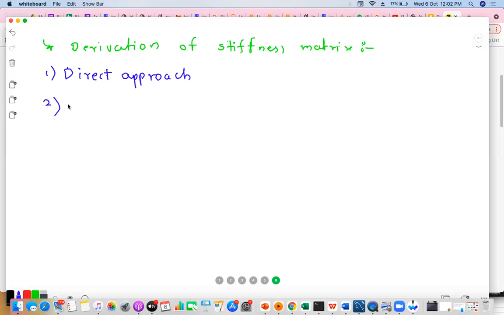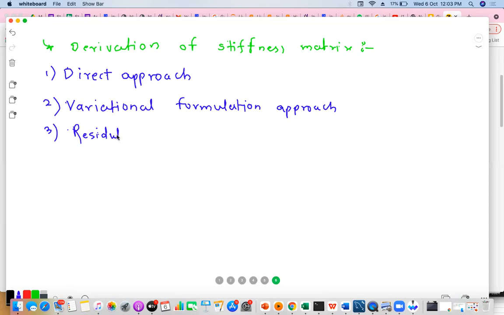Second is the variational formulation approach, and the third is the residual method or approach.